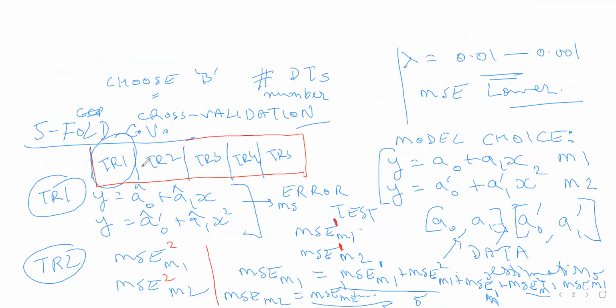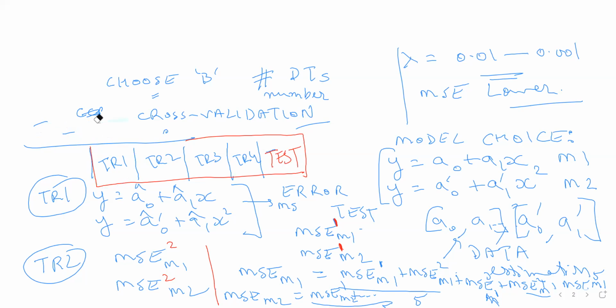How many breakups are there? 1, 2, 3, 4, 5. I am going to call this one the test data. So in the first instance, 4 of them are the train data, 1 is a test data. You're clear on this?